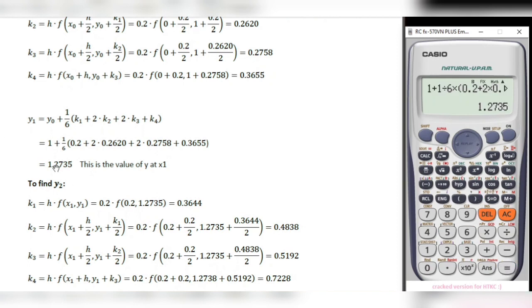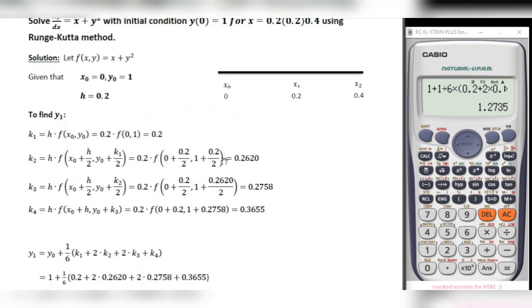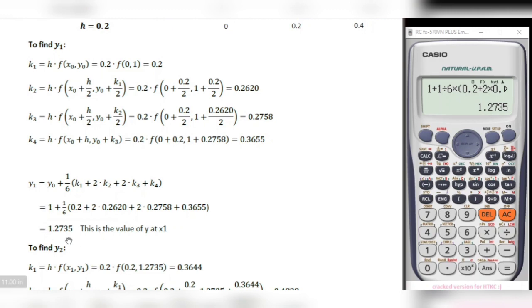We get y1 as 1.2735. That is the value of y at x equal to x1. That is y of 0.2 is 1.2735.